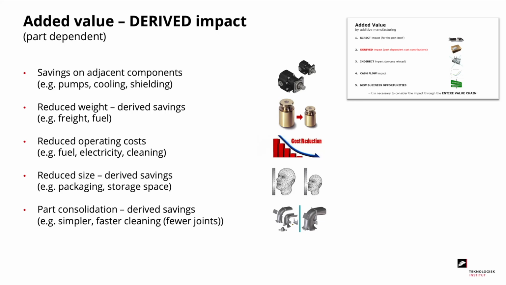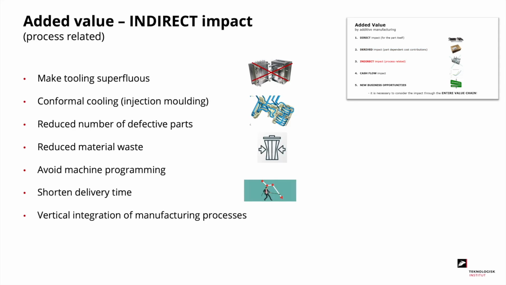If you make a part very efficient regarding operating costs, you may save fuel, electricity, cleaning, whatever. If you reduce the size, it will have impact on the packaging and storage space. And finally, for part consolidation, you may have derived savings in form of avoiding assembly costs or make it simpler or have faster cleaning.